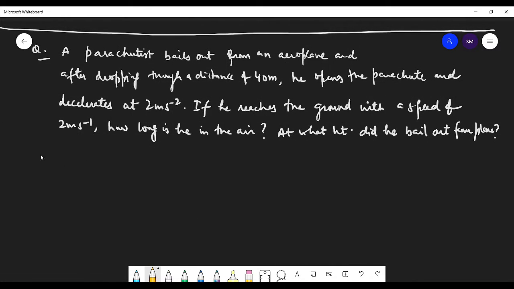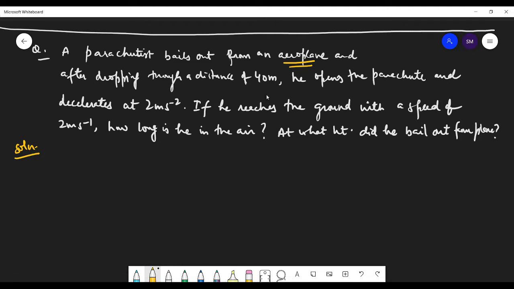So always make the figure. So that's your parachutist. Now the aeroplane is moving in this direction, and nothing is told to you about the aeroplane. Is it moving up? Is it moving this way, that way? No. You can assume the aeroplane in this case as stationary.